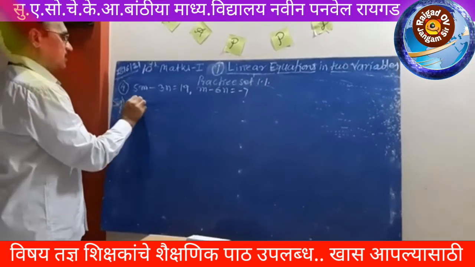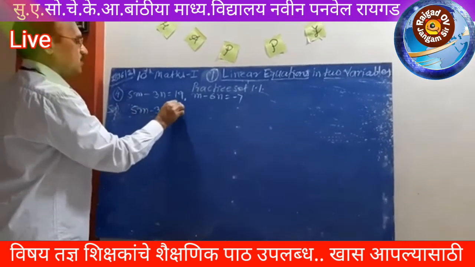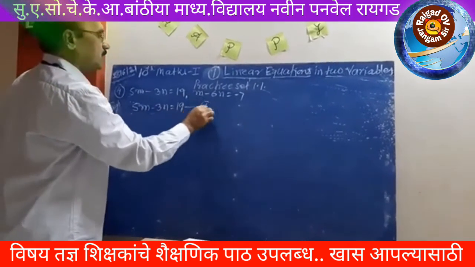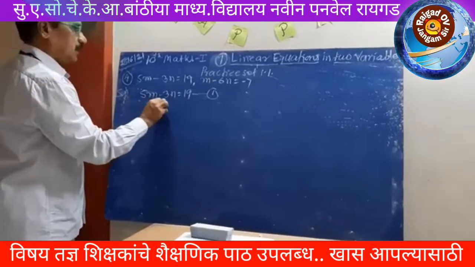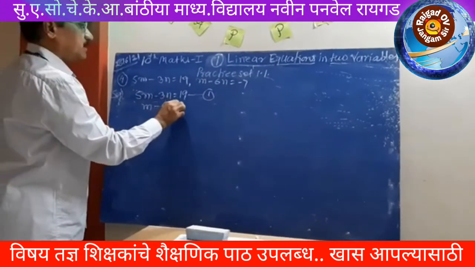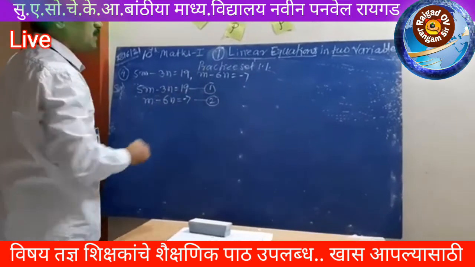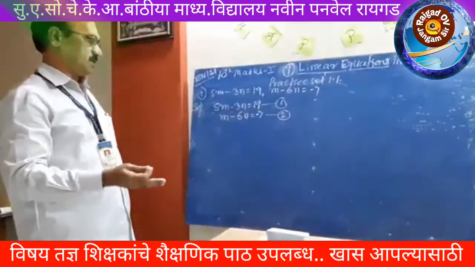Solution. Again write 5m minus 3n is equal to 19, equation number 1. Then the second one is m minus 6n is equal to minus 7, equation number 2. Here we have to solve this equation by equating coefficients.